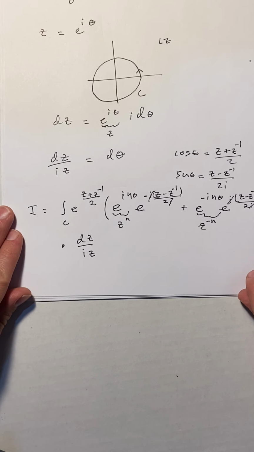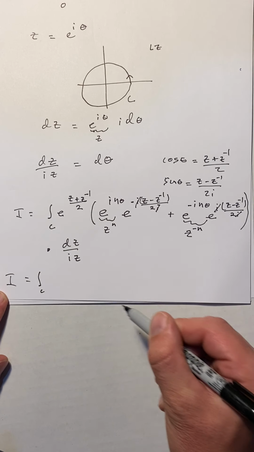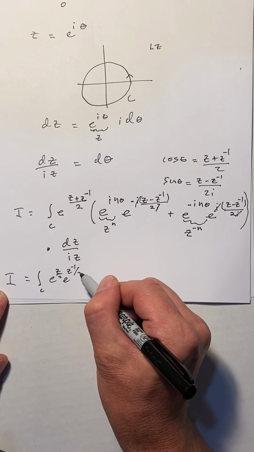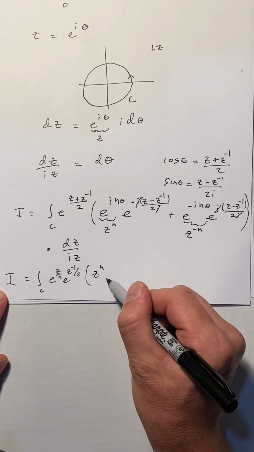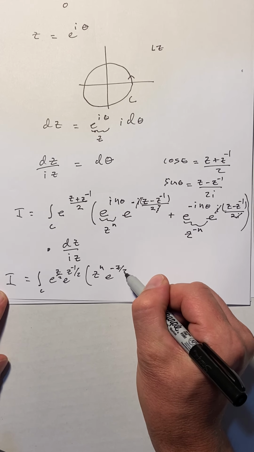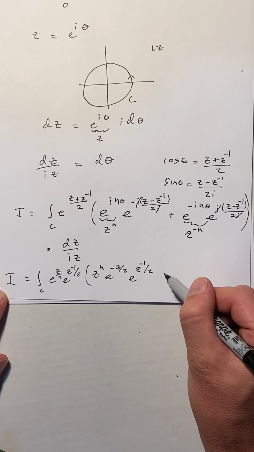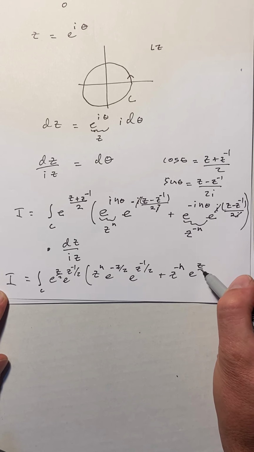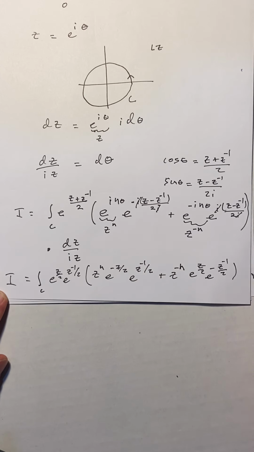So doing all of this and then simplifying a little bit, I get that I is equal to the integral over c, e to the z over 2, e to the z to the minus 1 over 2, z to the n, plus e to the minus z over 2, e to the z to the minus 1 over 2, z to the minus n, e to the z over 2, e to the minus z to the minus 1 over 2, dz over iz.